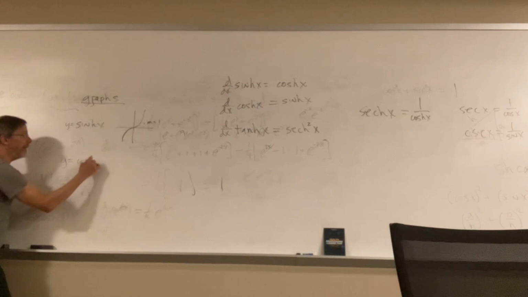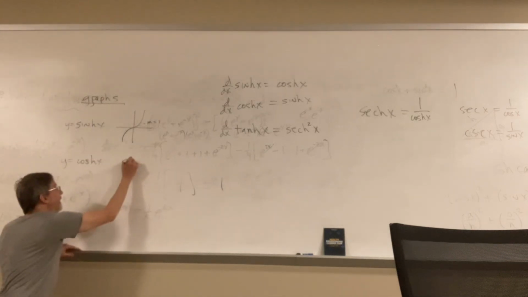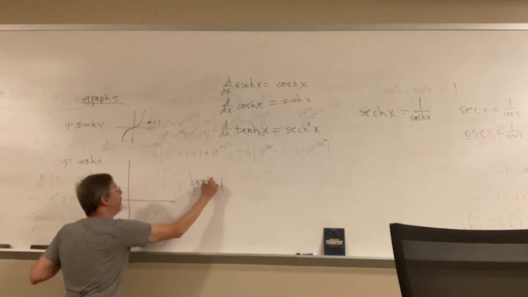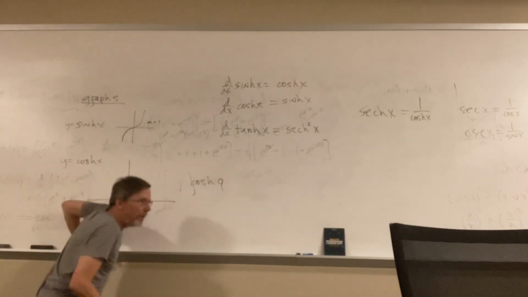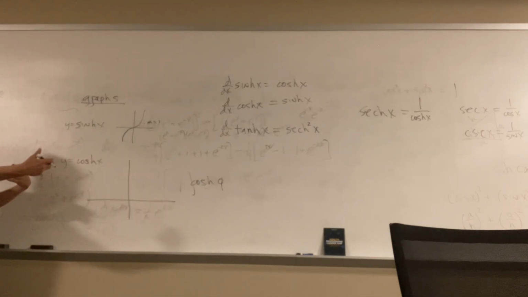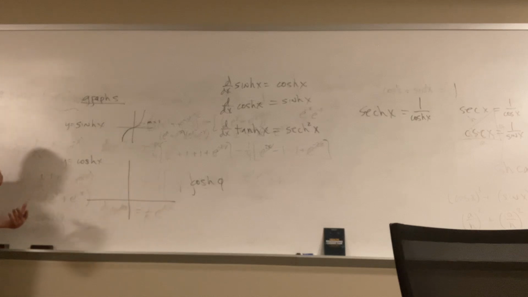Hyperbolic cosine, on the other hand. Let me ask you a question. What's hyperbolic cosine of 0? Using the definition, it's 1, because it's e to the 0 plus e to the 0, which is 2, divided by 2.